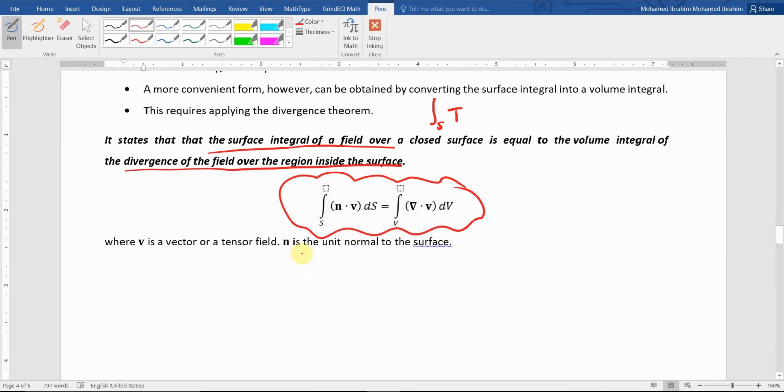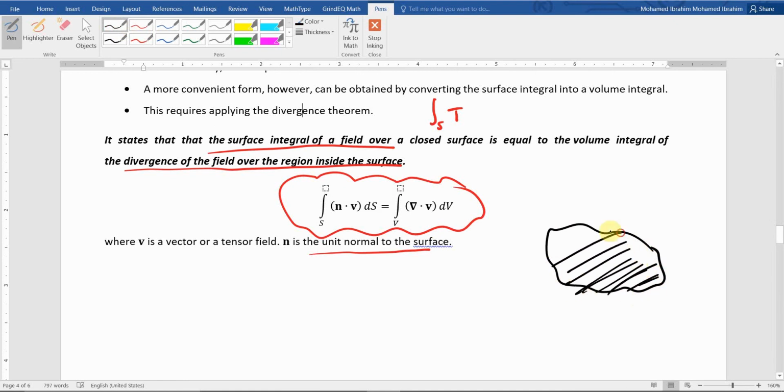And what is n? n is known as the unit normal to the surface. What is a unit normal? If you remember from mathematics, any surface or any plane, consider that you have a plane like the XY plane or any surface. Basically we are talking about a flat surface, to make it easy. Mathematically speaking, any plane is defined by its unit normal.